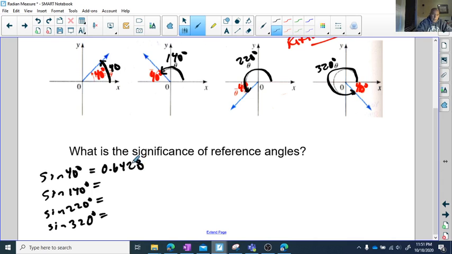I'm going to find the sine of 140. Sine 140 is strange, same thing, 0.6428. I don't even need to use my calculator anymore because I know what's going to happen, but you can check on your calculators. The sine of 220 is negative 0.6428, and the sine of 320 is negative 0.6428.